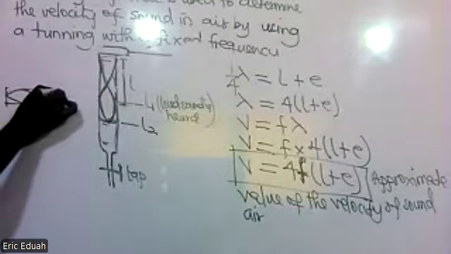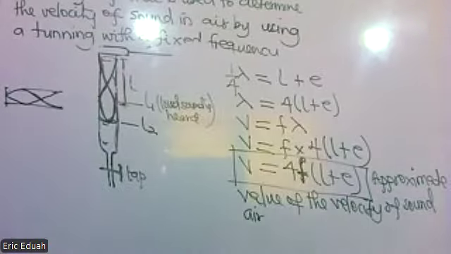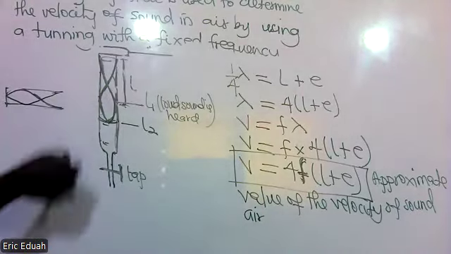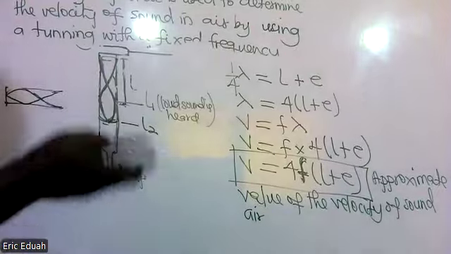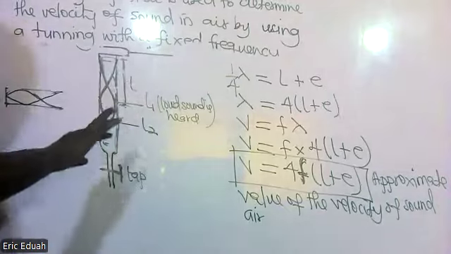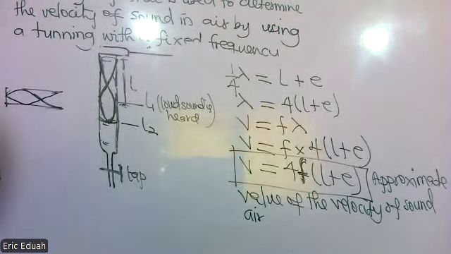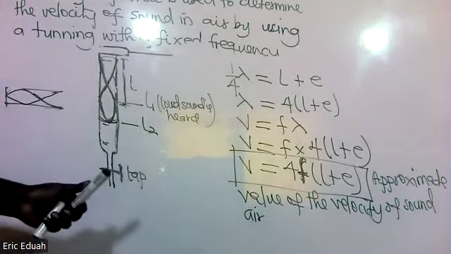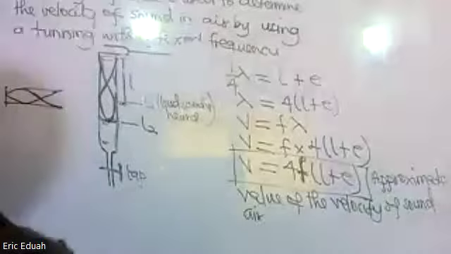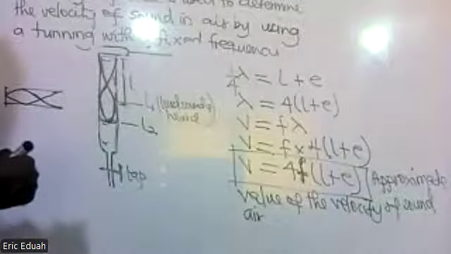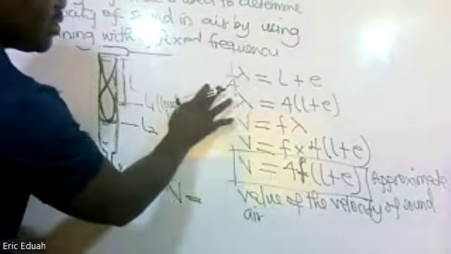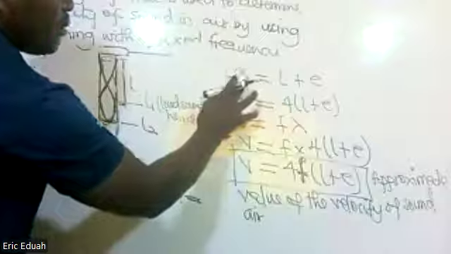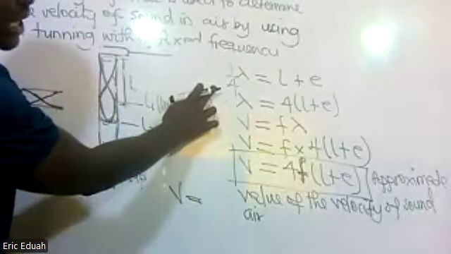Now, if there is an end correction, you realize that. So in this case, it can be by considering end correction or without end correction. Take notes. If there is consideration for an end correction, the approximate value will be this. If there's no consideration for end correction, then L will just be equal to quarter lambda.